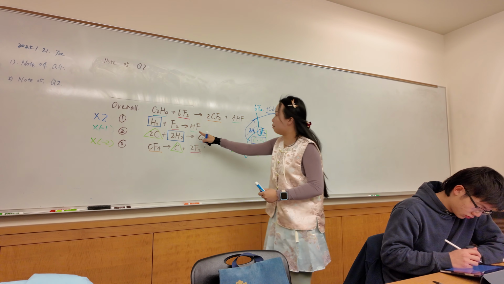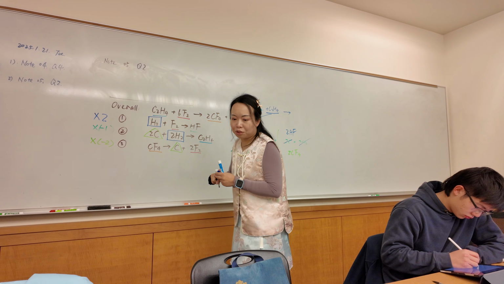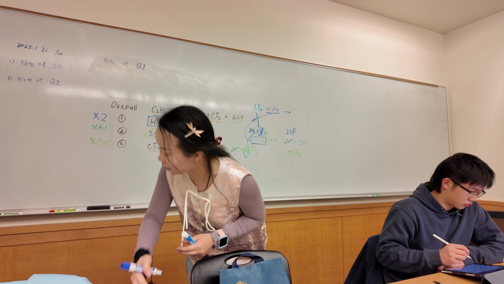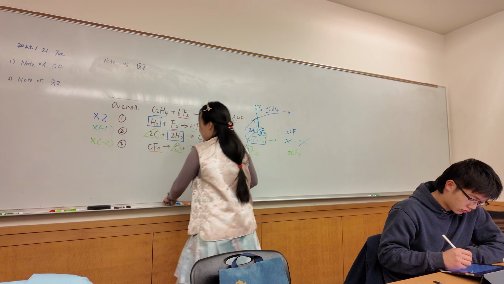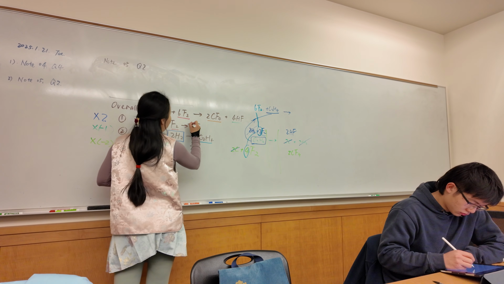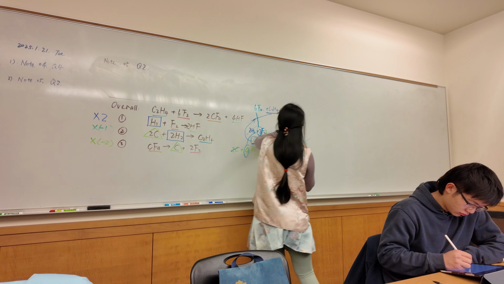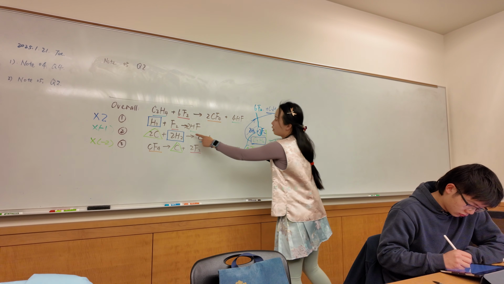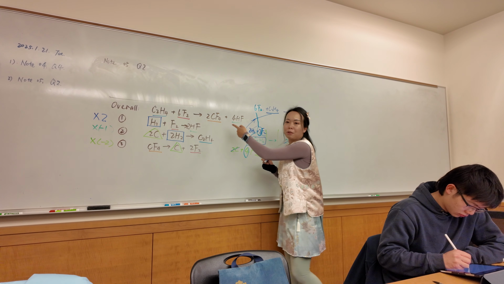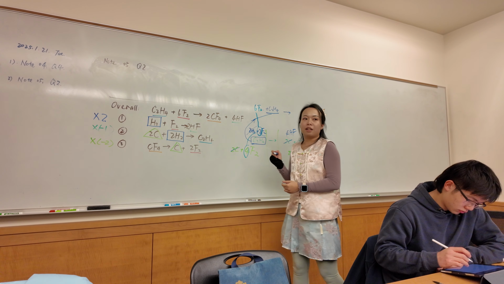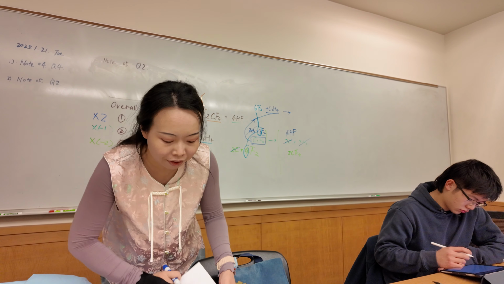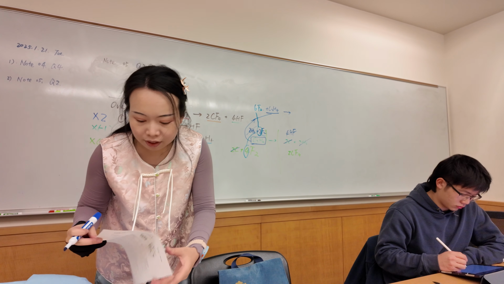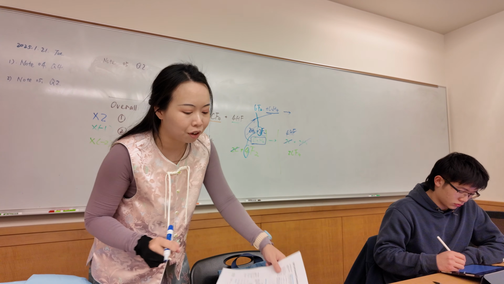Oh, sorry, did I miss writing a 2HF? Yes, I did not write the 2HF. That was my bad, there was a typo. There's a 2HF, so this side should be 4HF. There was a 2 missing while I was copying on the board. I was copying the wrong one. This one was 2HF. I forgot to copy that too.